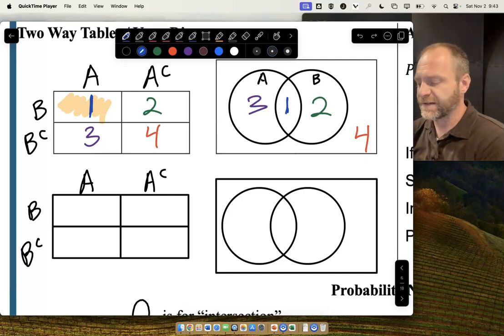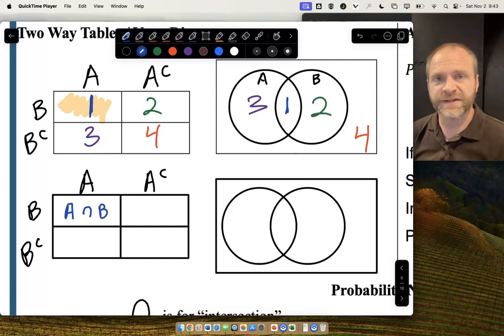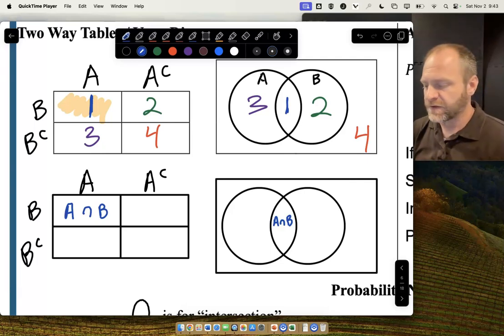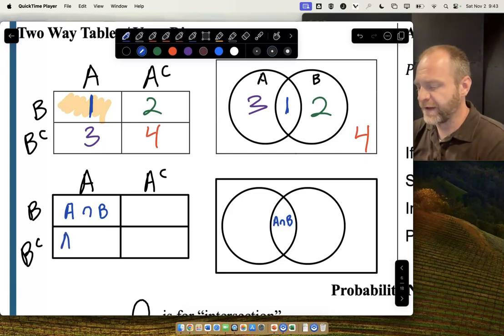And so the first thing is this cell represents where A and B both occur. So you can see I'm going to use that upside down U. So that is the overlap. That's A and B. So that's where that one goes. So you can see how the number 1 up there and the A intersect B notation down there both line up still in that Venn diagram. So let's just continue down that column of A. So this is where you have event A happen and you have the complement of B happen.